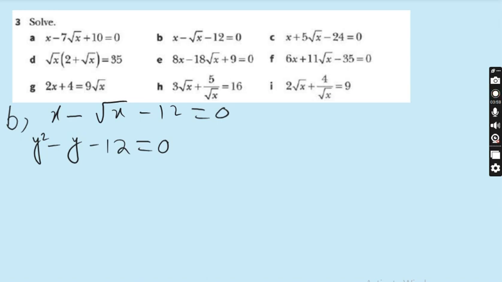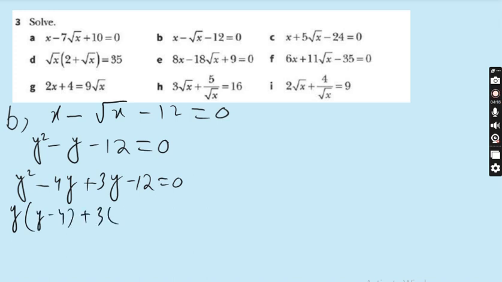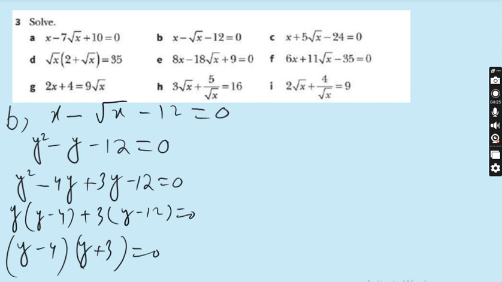Again you see a quadratic equation which can easily be solved by factorization. 4 times 3 is 12, 4y minus 3y minus 12 is equal to 0. Y is common, y minus 4, 3 is common, y minus 4. So y minus 4 and y plus 3 is equal to 0, and y is equal to 4 and minus 3.